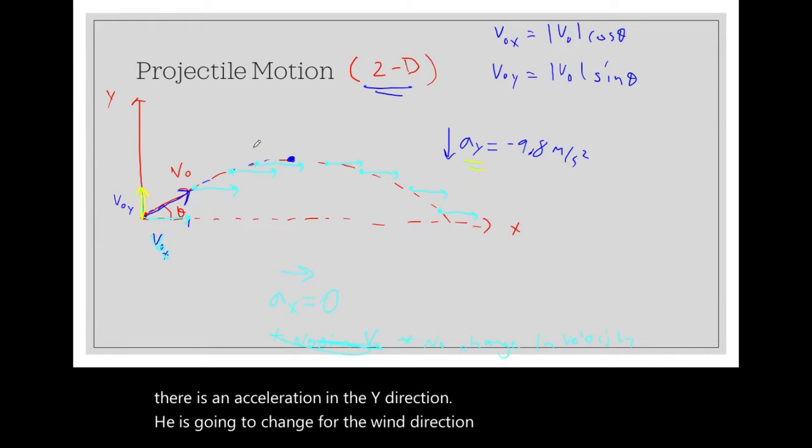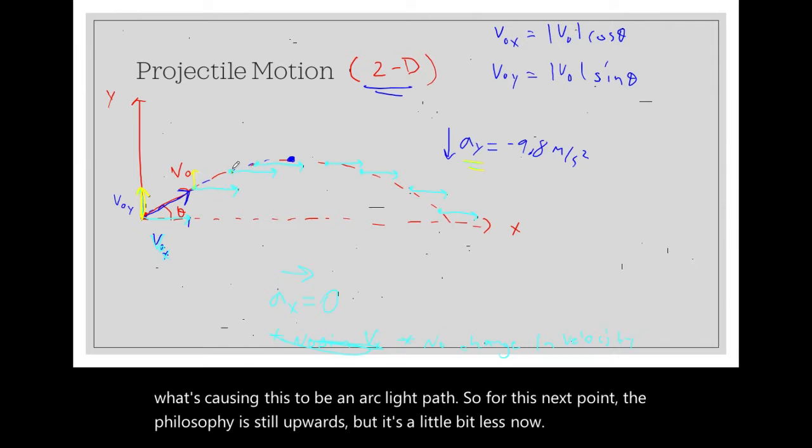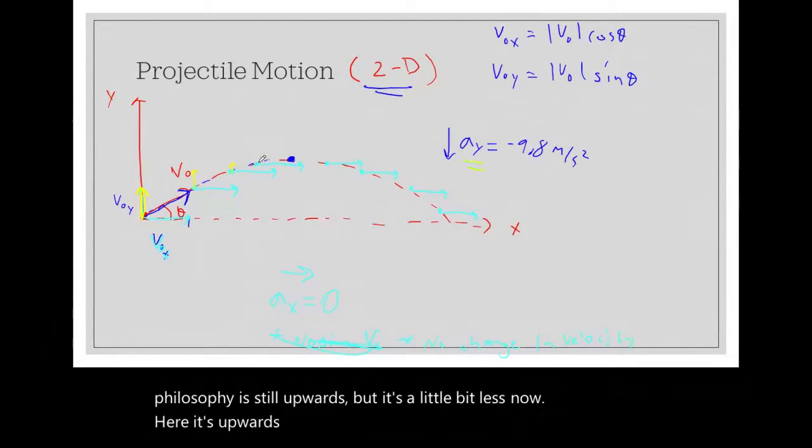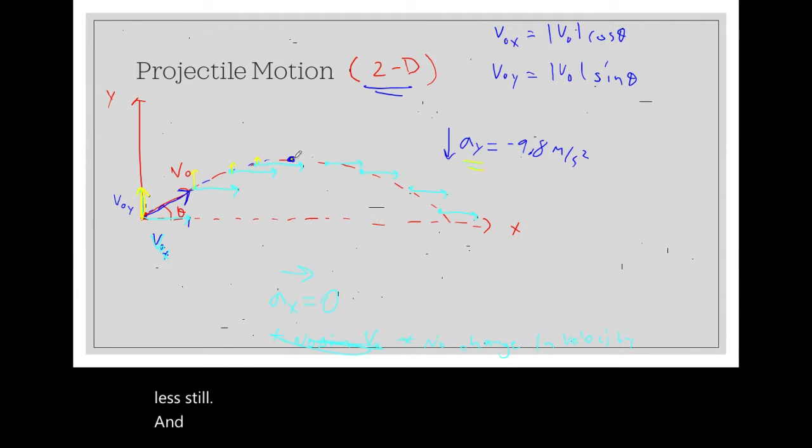That's basically what's causing this to be an arc-like path. For this next point, the velocity is still upwards, but a little bit less now. Here it's up, but even less still. And then at this point, at the top, the velocity in the y direction is equal to 0.